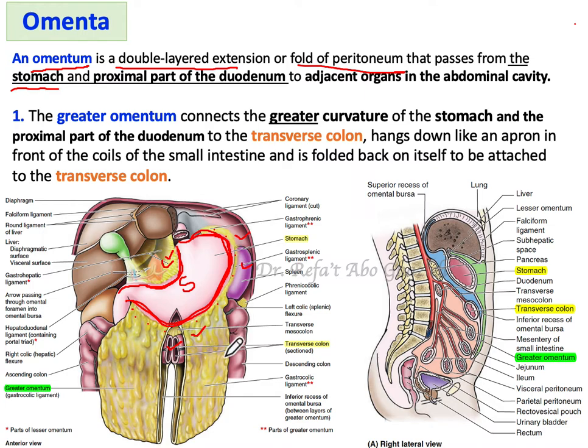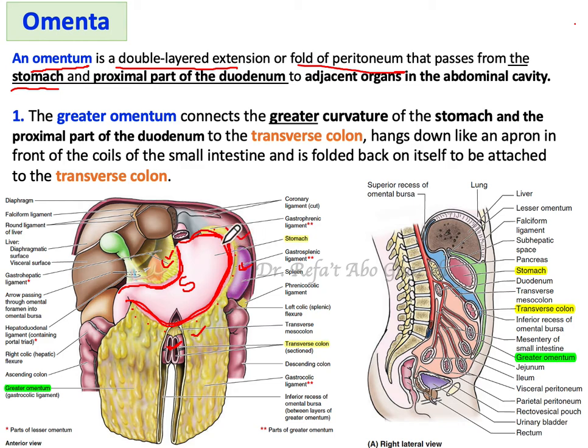Okay, let us start with the greater omentum. You see the greater omentum connects the greater curvature of the stomach to the diaphragm, spleen, and transverse colon.